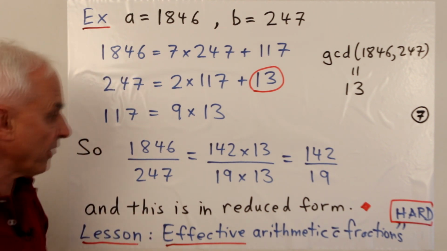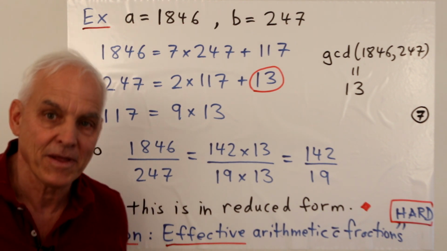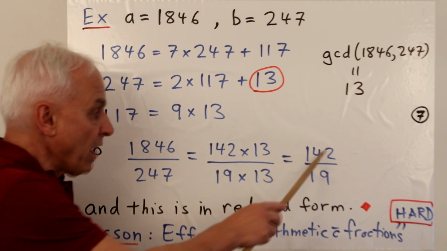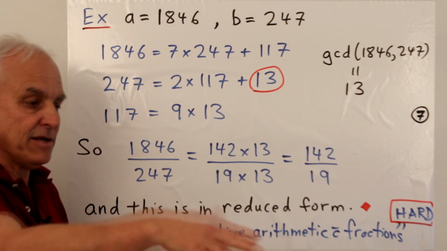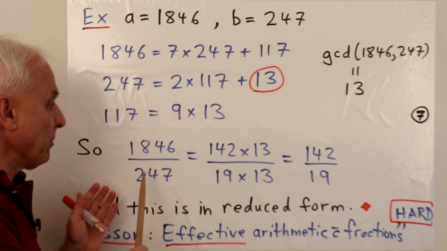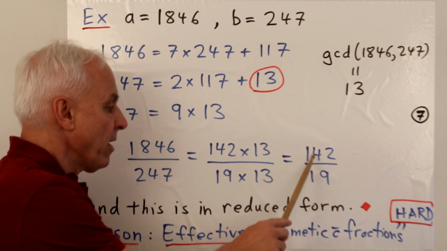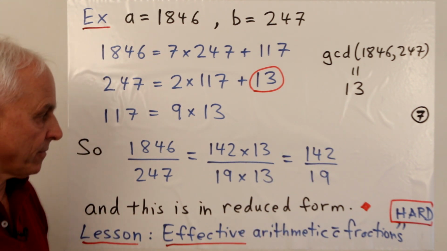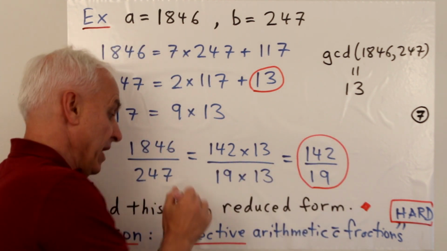And that's important because after then we cancel this GCD, the remaining reduced fraction will just be 142 over 19. The 13 disappears, and then we get this simplification that the original fraction is now in reduced form 142 over 19. So that's the way you reduce a bigger fraction.